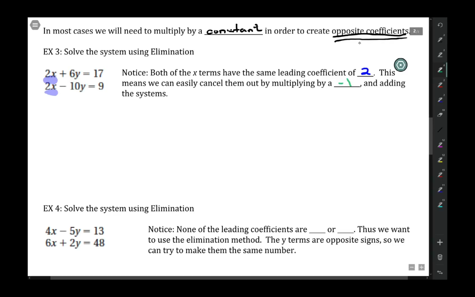So I'm going to choose the second equation, and I'm going to multiply it by a -1. Please rewrite your work. I know it might be a pain, but honestly, the neater you are with these equations, the better it will be. So I distribute my -1, and we'll see why I decide to do that.